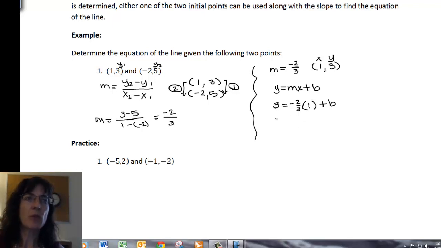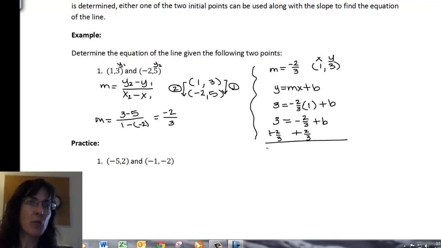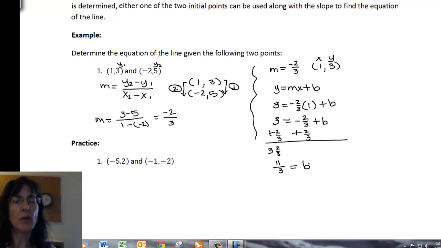So if we do that, we'll have 3 equals negative 2/3, and then in place of the x, I'm putting in a 1, and then plus b, that's the one variable I don't know yet. And then go ahead and multiply across, so I have 3 equals negative 2/3 times 1 just gives me negative 2/3 plus b. And then I'll add 2/3 to both sides, and I end up with 3 and 2/3, which is 11/3, equals b.